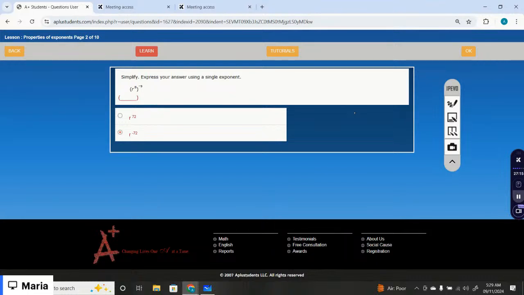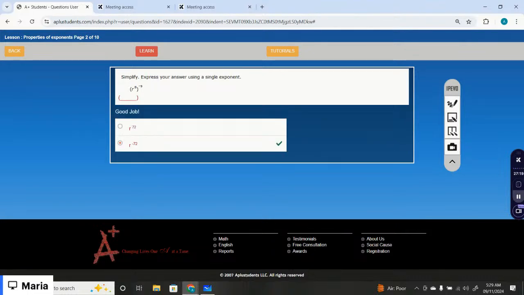Option number 2 is the correct option, that is r exponent negative 72.